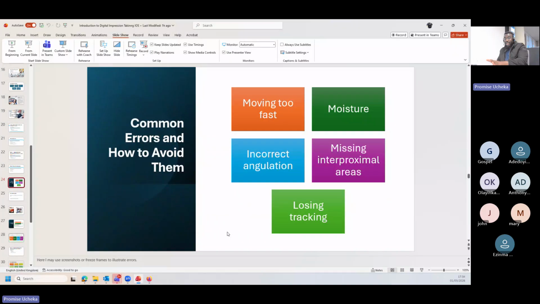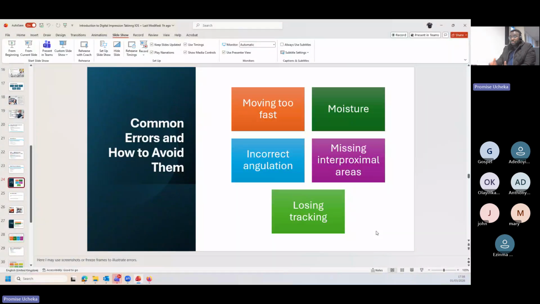Remember, the scan is taking so many pictures and patching them together to form the 3D image that you have. If you move your hand so fast, you take a picture of one place, skip one place, take a picture of another and skip another, and then you will not have a really good scan. So you need to make sure you are not moving so fast and that you are going with a consistent speed.